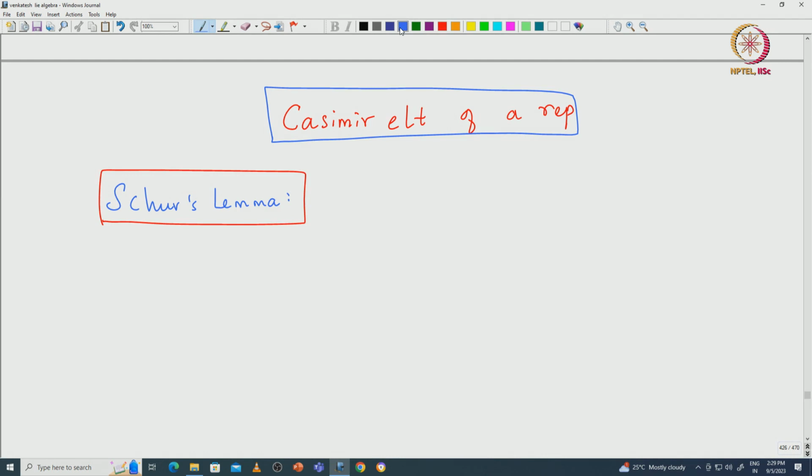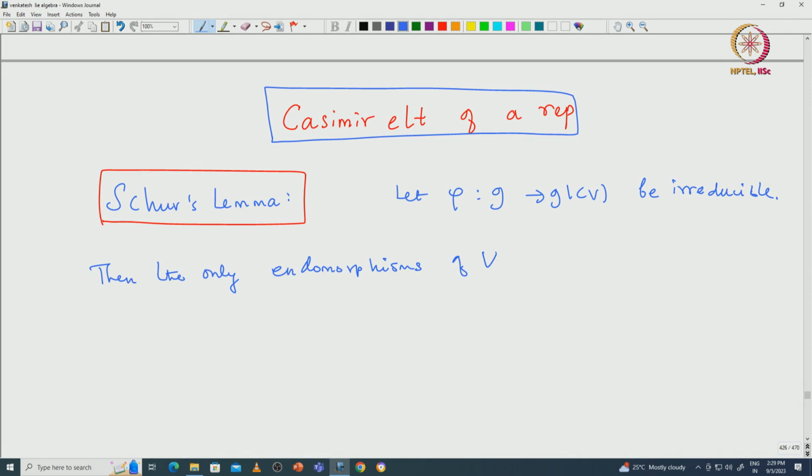If we have a representation, let phi from G to GL of V, and let us assume it is irreducible, then the only endomorphisms of V that commute with all elements phi of x, where x in G, are scalars.